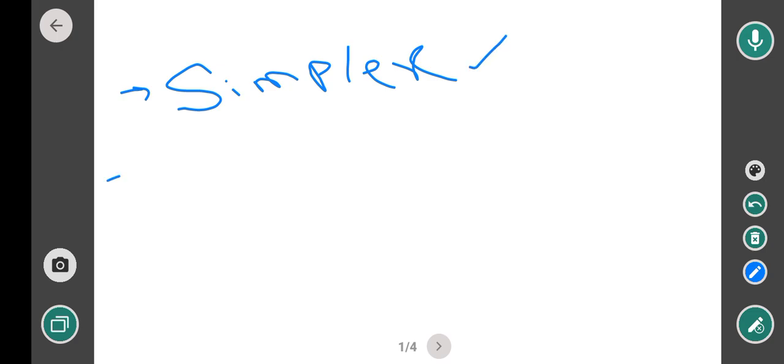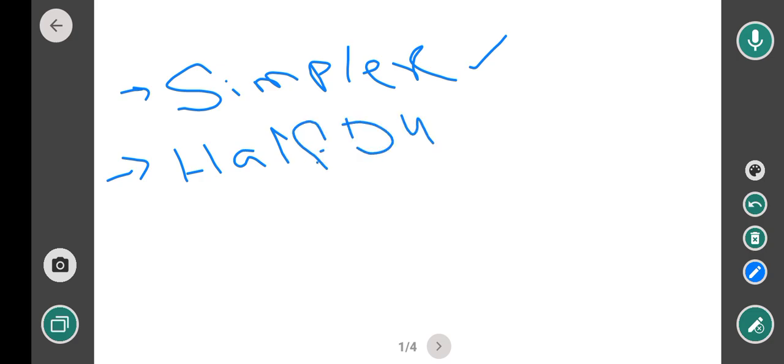And the next one is half duplex. Half duplex is where you can communicate with other persons, but at the same time only one person can hear and one person can send messages.